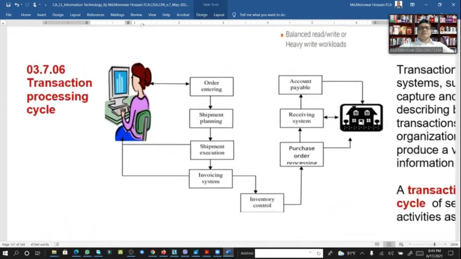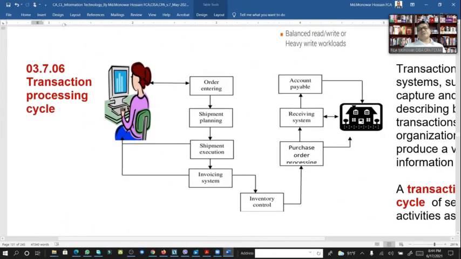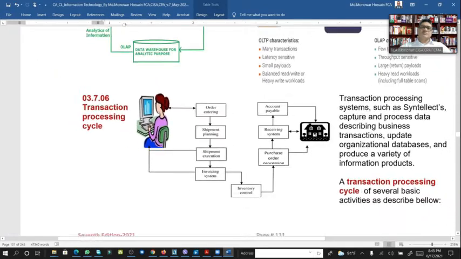If we see this picture, in the transaction processing cycle, taking the order, order entering, goes to shipment planning and shipment execution, invoice system, inventory control, and purchase order processing, and that goes to the receiving system, accounts payable, also through the bank or other system, taking the money. This is also the logical transaction processing system.